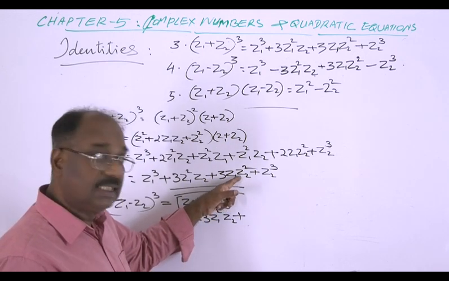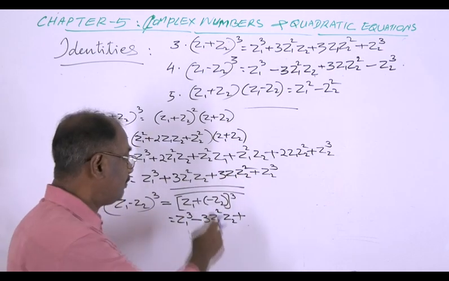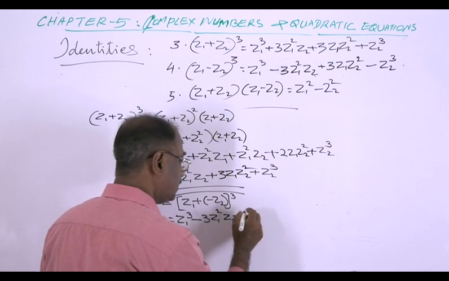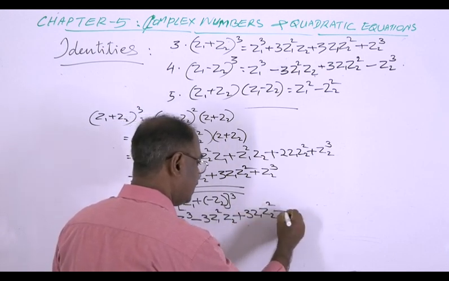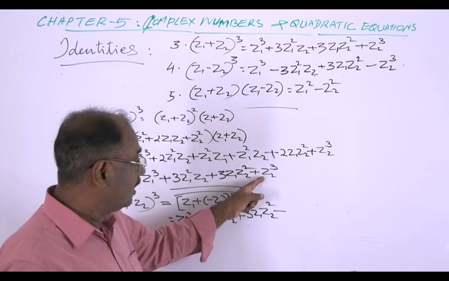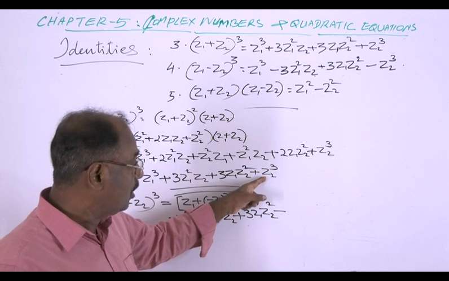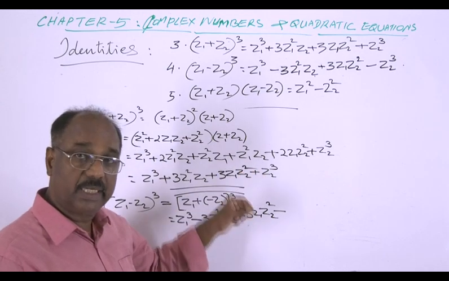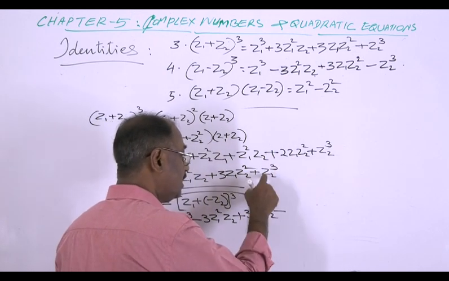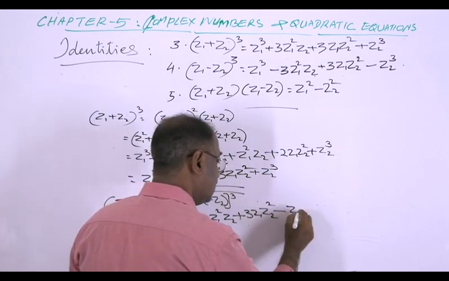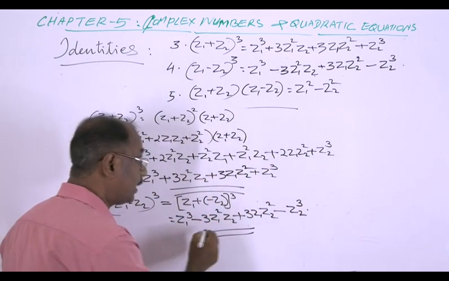So placing minus Z2 in place of this Z2, we get plus 3 Z1 Z2 squared, then placing minus Z2 in place of this Z2, minus Z2 whole cube, which is minus Z2 cube. So which is the required result.